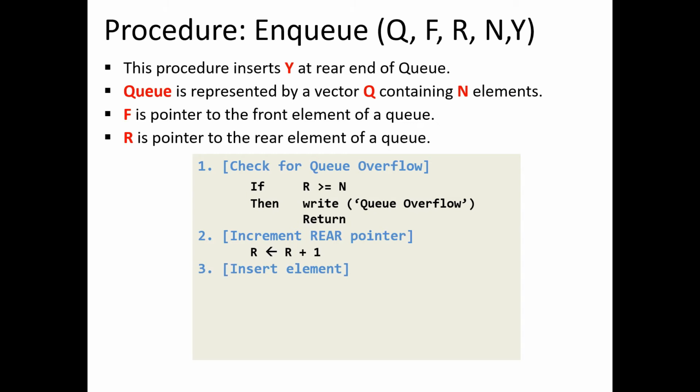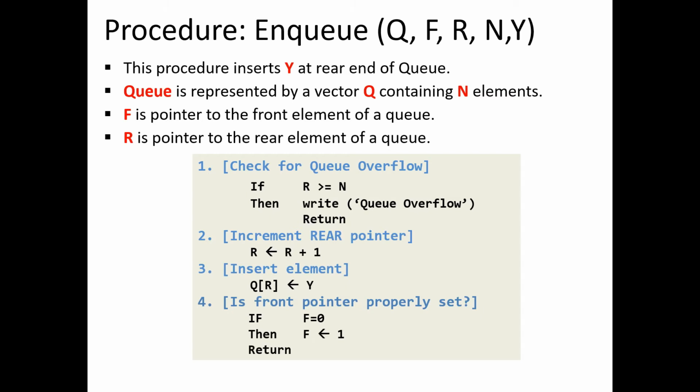Now we have to insert the element y, so y is inserted at the position Q of r, that is, the position where the rear is pointing. The last step is to set the front pointer properly. If f is equal to 0, then f is set to 1 and return from this step.